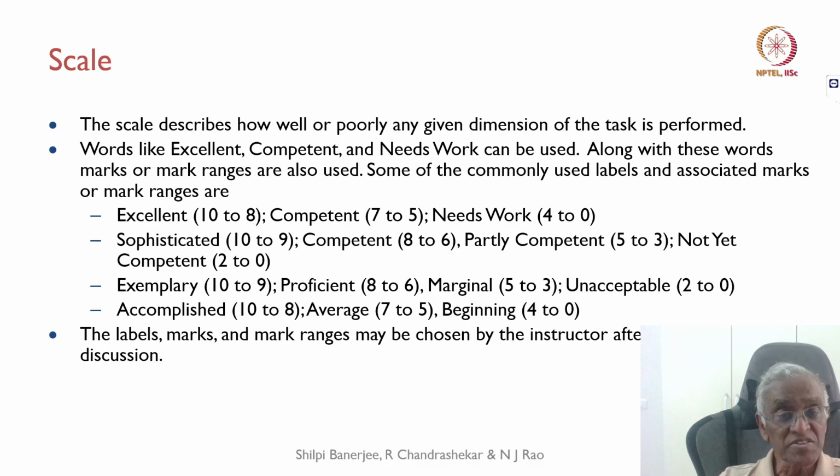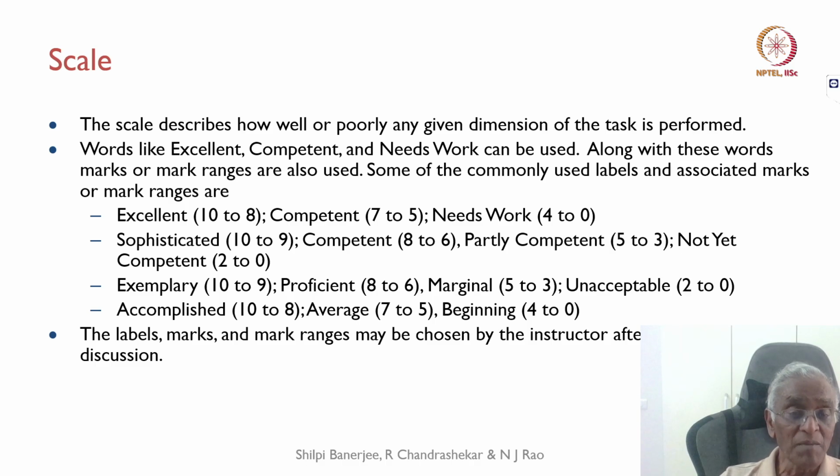Whereas it can be 4 levels, like sophisticated 10 to 9, competent 8 to 6, partly competent 5 to 3, not yet competent 2 to 0. As you can see, now you have 4 levels. Another one: exemplary 10 to 9, proficient 8 to 6, marginal 5 to 3, unacceptable 2 to 0.